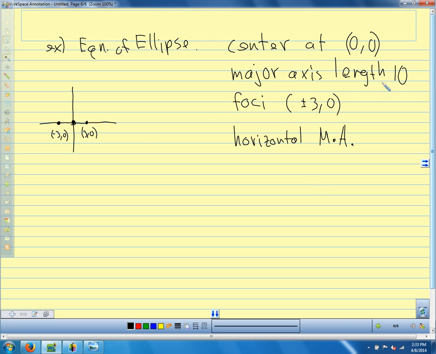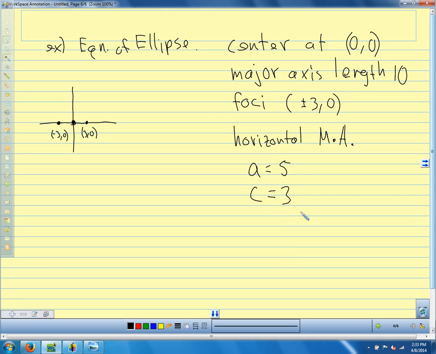What does this major axis length 10 tell us? 2A is the length of the major axis, so this tells me that A equals 5. What does this tell us, if these are the foci? C equals 3. Center to a focus is C. So C equals 3.